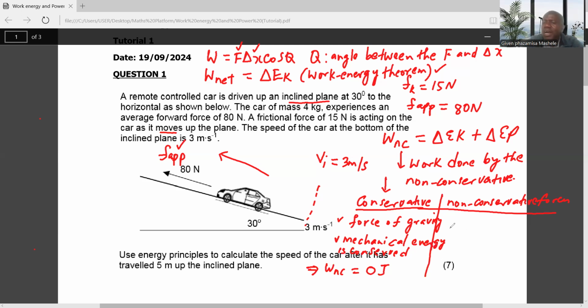Whereas there are other types of forces which are non-conservative, whose work done depends on the path taken by an object. And what does this mean? It means that when you are dealing with non-conservative forces, mechanical energy is no longer the same.